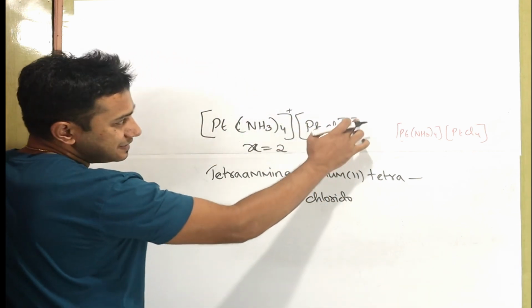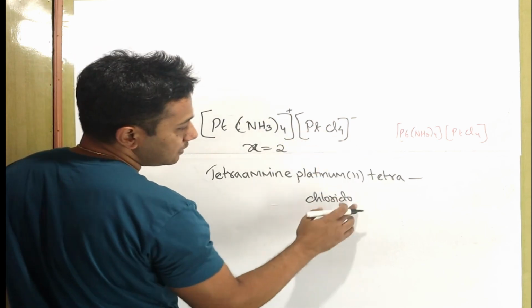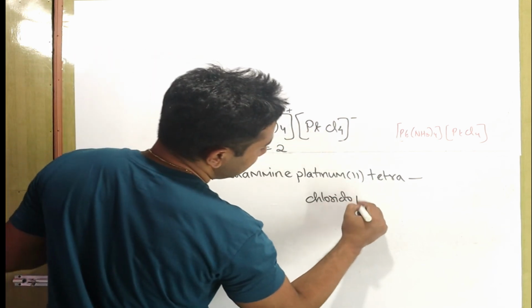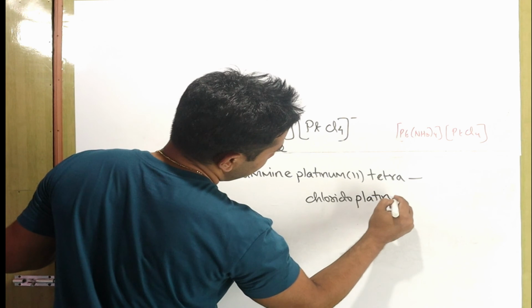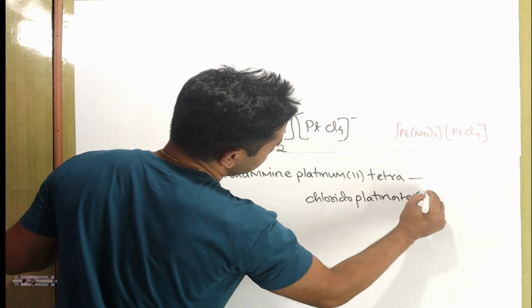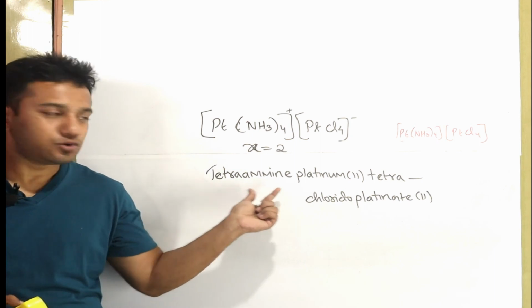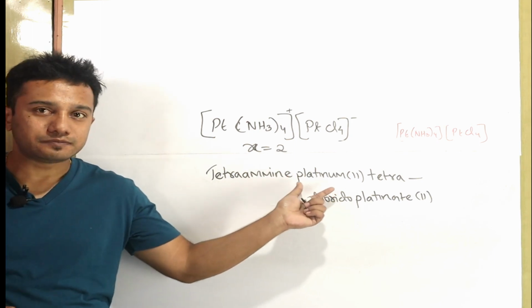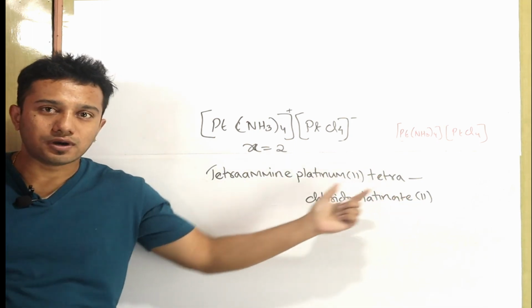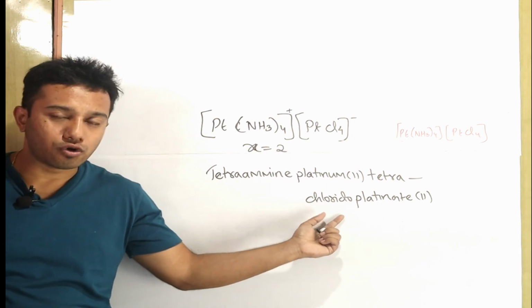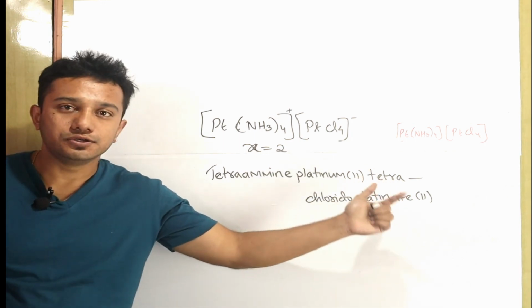Since the complex is negative, this name will change. So we have platinate 2. So the name of this coordination compound is tetraamine platinum 2 tetrachlorido platinate 2.